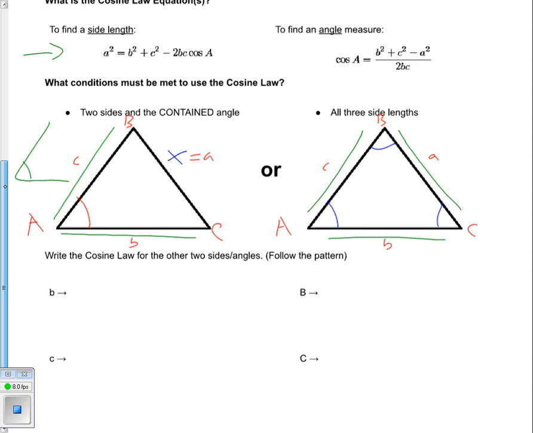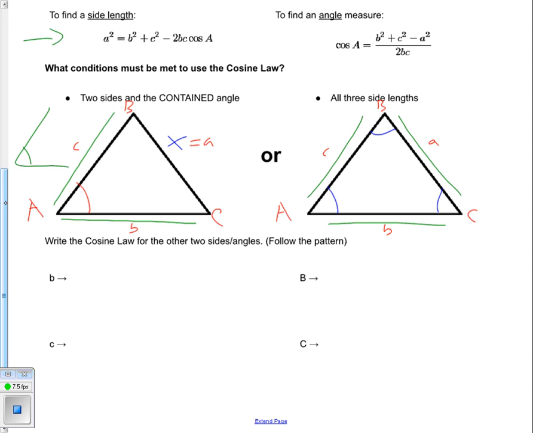So if we rewrite this formula, let's say I wanted to find the length of side B. I'm going to follow the same pattern as up above. If I wanted to solve for side B, that's actually B squared is equal to A squared plus C squared minus 2AC times cos B.